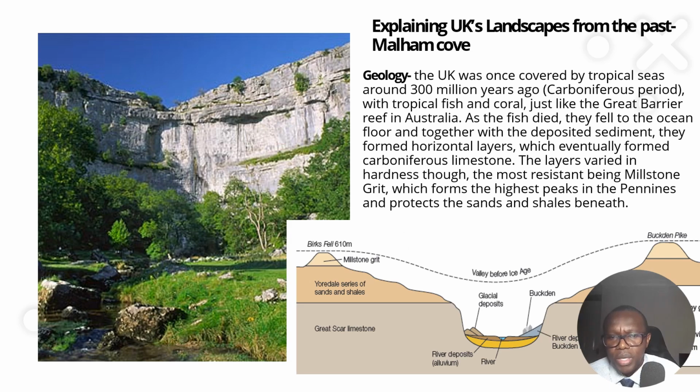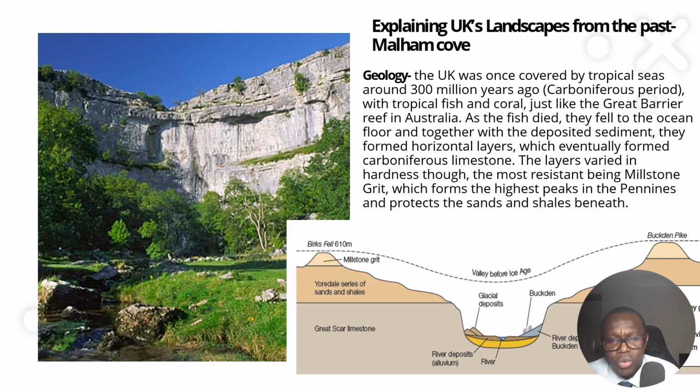So one of the explanations that we can give for why we have an upland landscape that was once under the sea is that the UK was once covered by tropical seas. That was around 300 million years ago, and that period is normally referred to as the Carboniferous period.